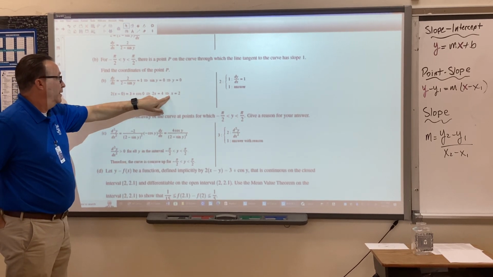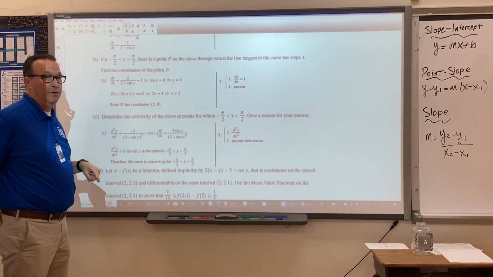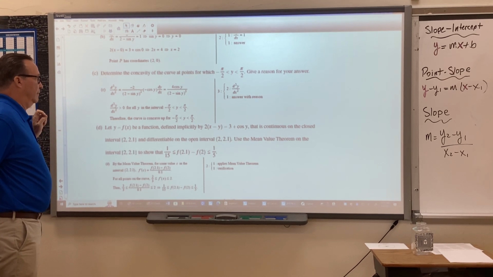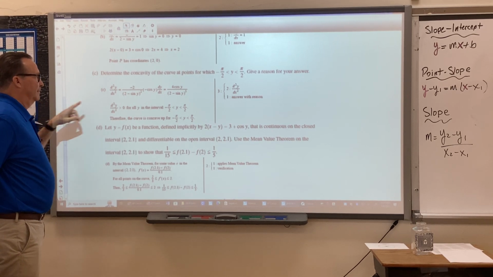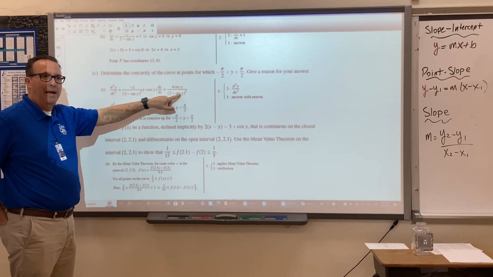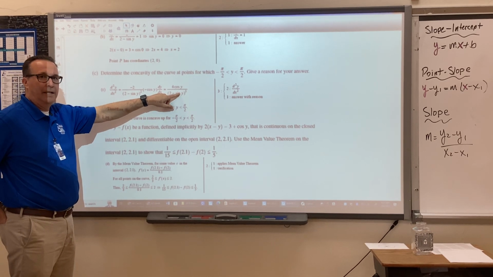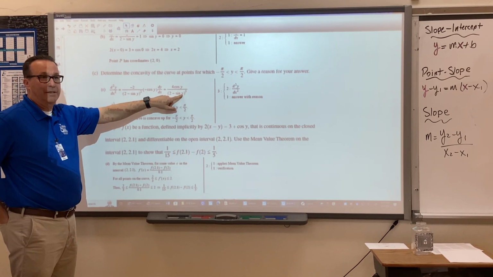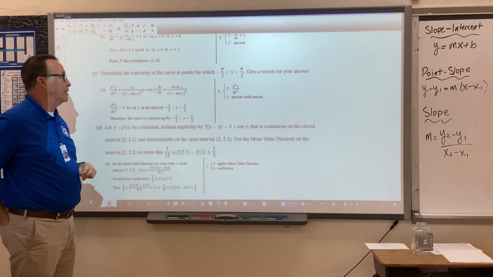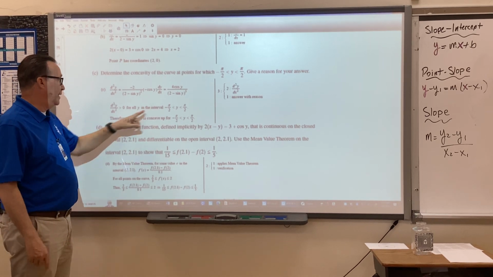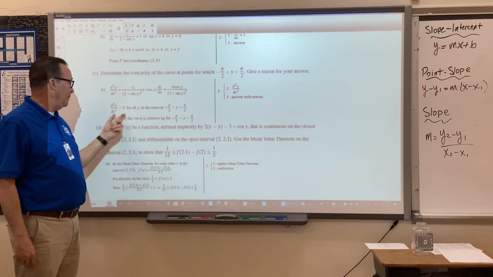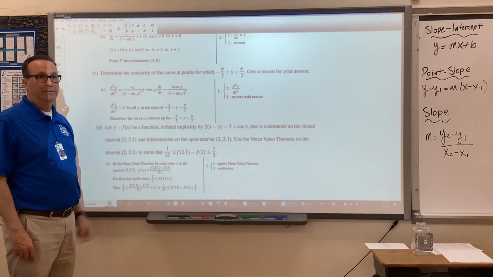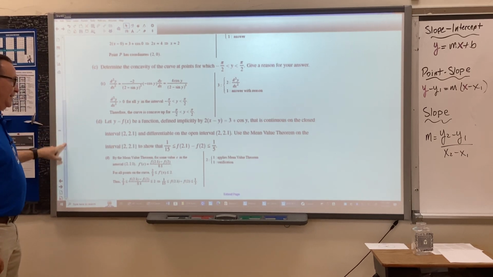Plug 0 in, solve for x, get 2. Second derivative is that. Kind of a mess. Denominator is always positive since sine can't be big enough. Numerator is always positive because cosine on this interval is always positive. All they said was d squared y dx squared is positive on the interval. And then this mess.